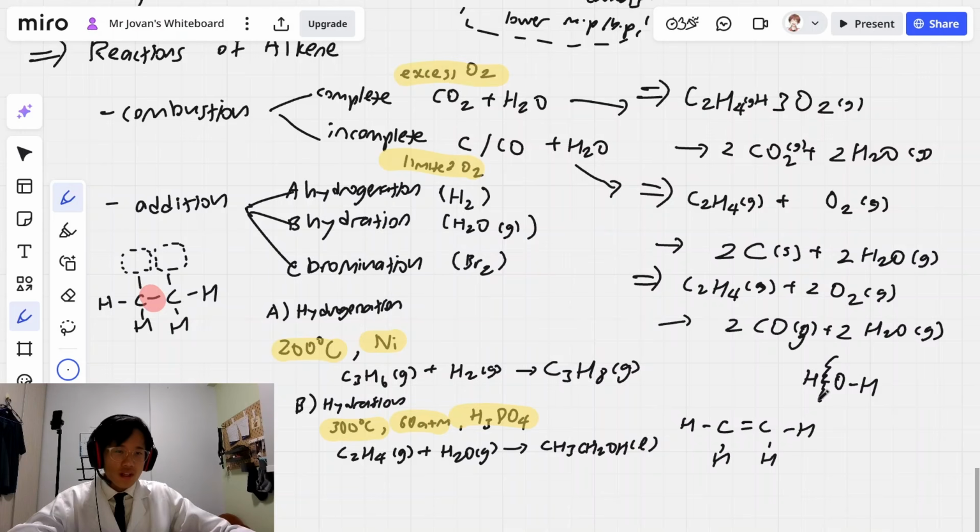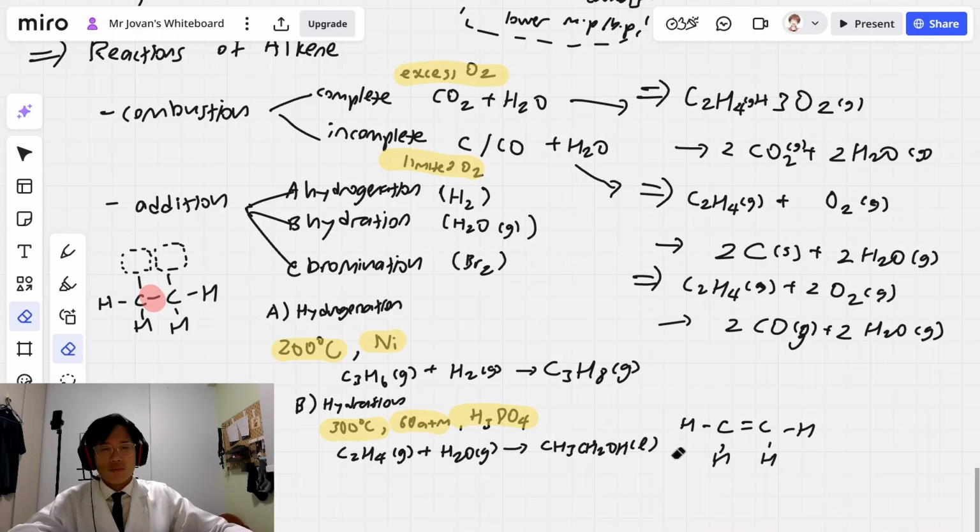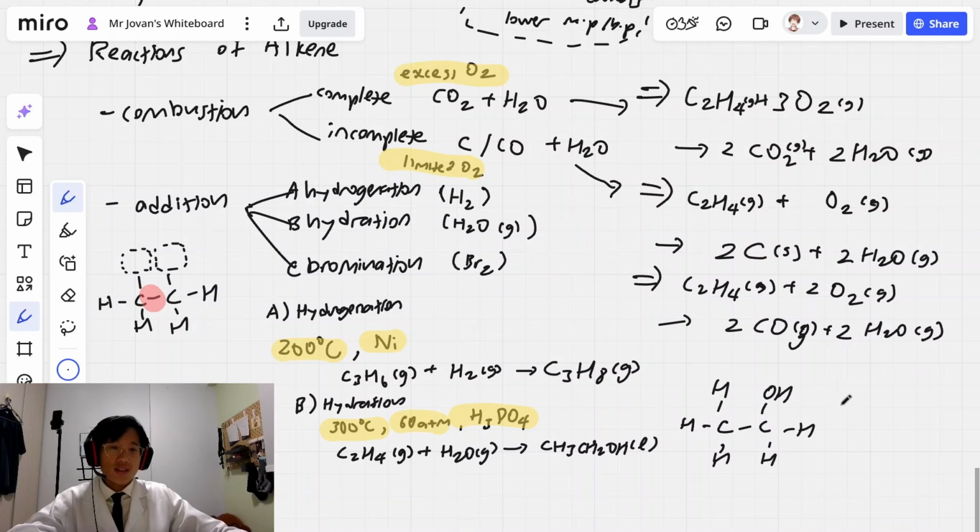You break the water up into H and OH, then you insert it in. What's it going to look like? Break the double bond, because I want to add the H and the OH from the water. So water looks like this, H2O. I break it and then send it in.